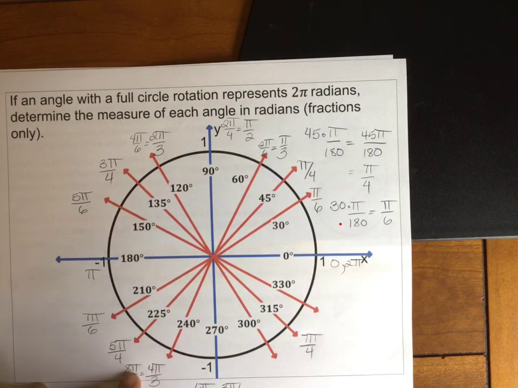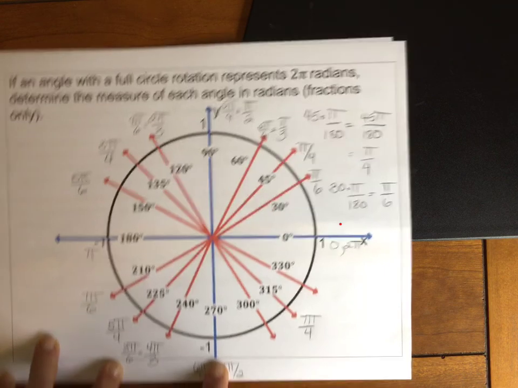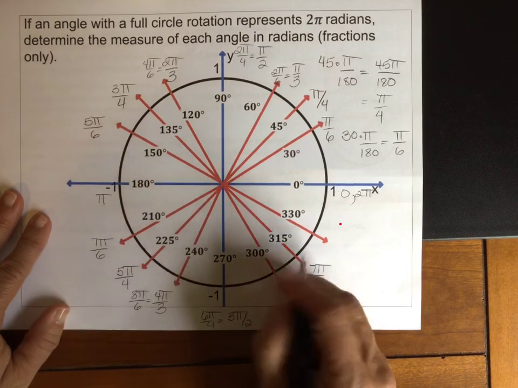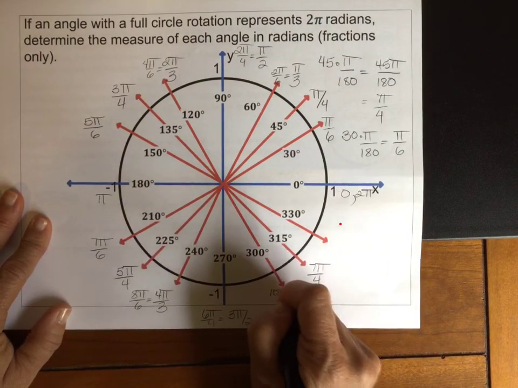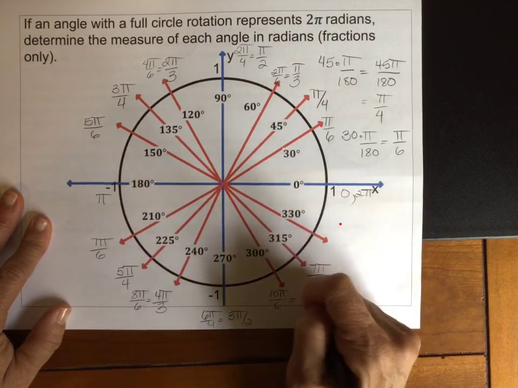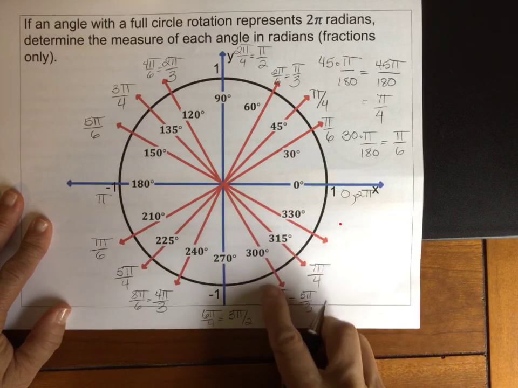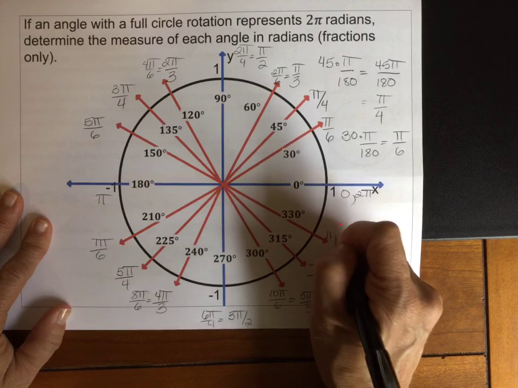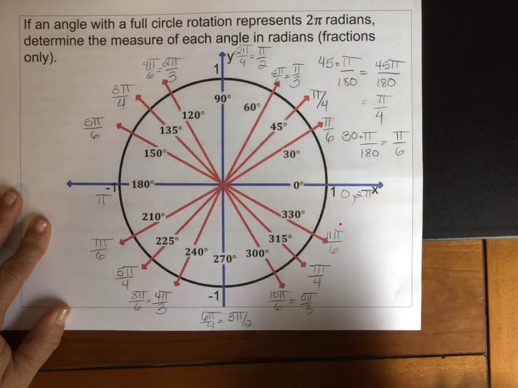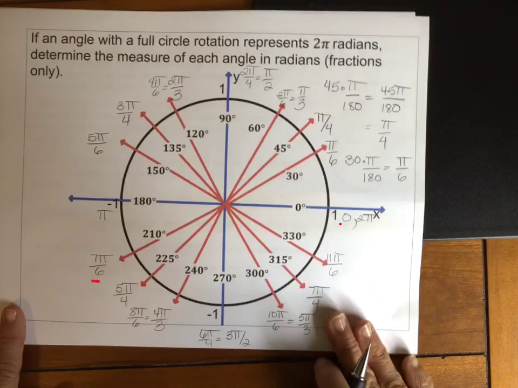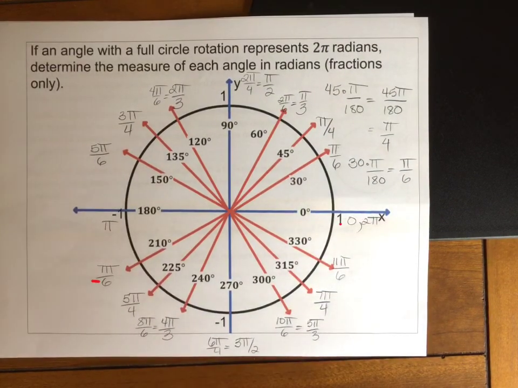And then 9 pi over 6, which down here reduces to be 3 pi over 2. We come over here to 10 pi over 6, and that becomes 5 pi over 3. And then last but not least, 11 pi all over 6. And we have filled in all the radian angles for our unit circle.